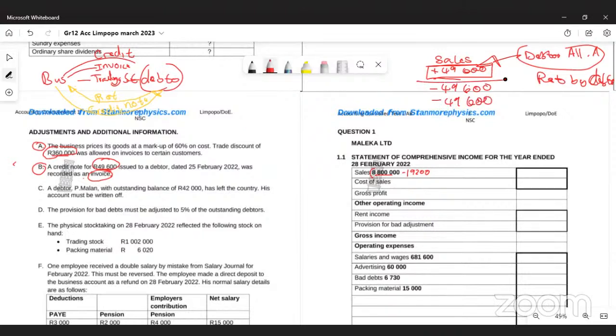Okay, now by journal, we have subtracted the 49,600. We have to subtract the 49,600 twice. So that's where that principle comes in. It states that if there has been an incorrect recording on a wrong side or on the wrong journal, you need to correct that error.